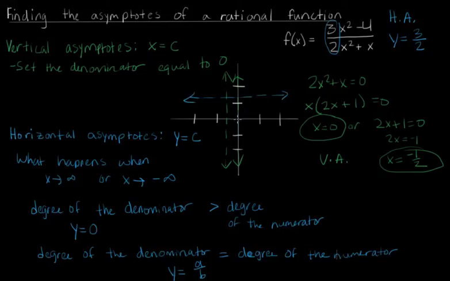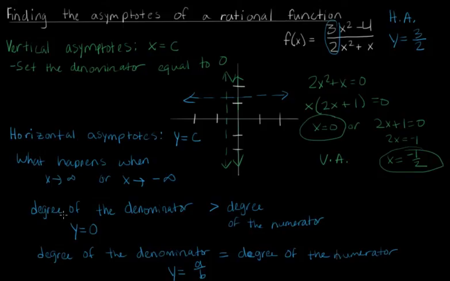Okay. So we'll talk more about graphing them in a different video, but in this video I just wanted to talk about finding the vertical and horizontal asymptotes. So to review, to find the vertical asymptotes, we set the denominator equal to 0. Wherever it equals 0, that's a vertical asymptote. In a horizontal asymptote, we're looking for the degrees.